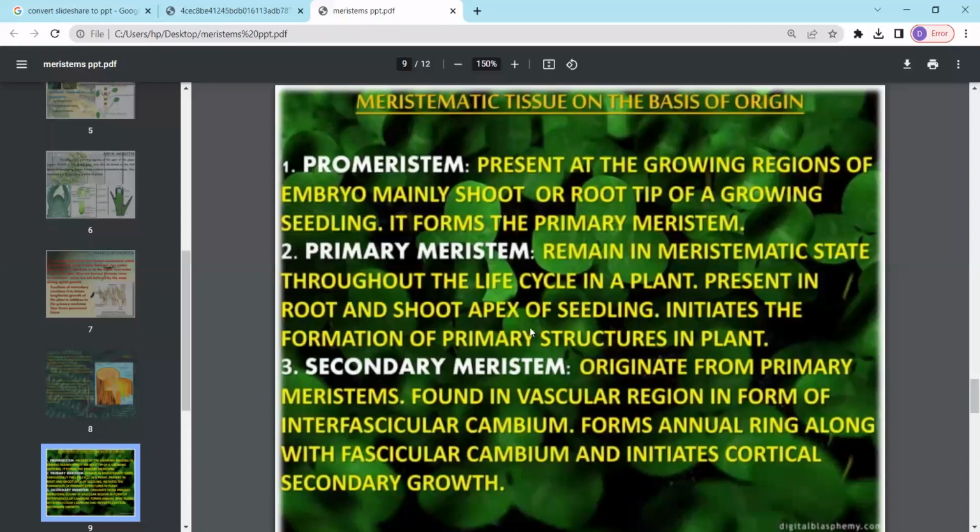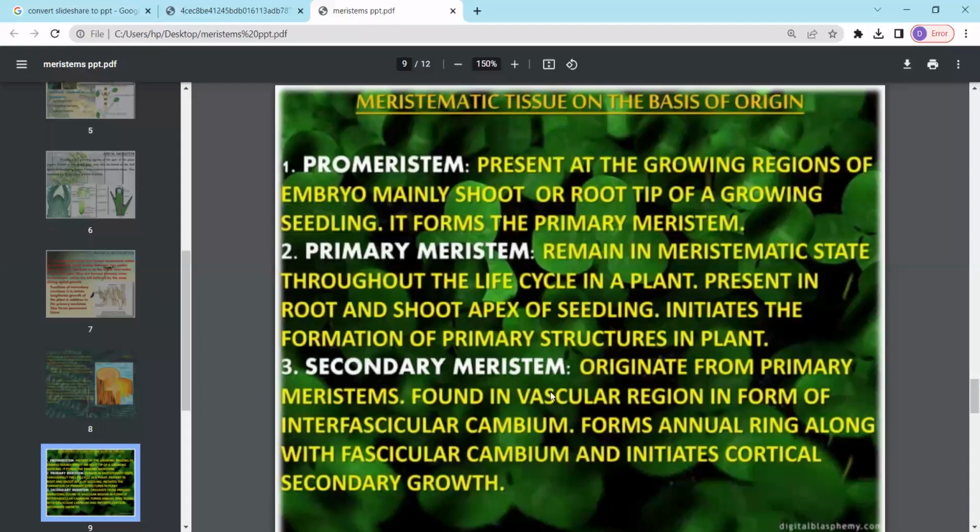Next one is the secondary meristem, which originates from the primary meristem. The secondary meristem is developed from the primary meristem and is found in the vascular region in the form of the intervascular cambium.